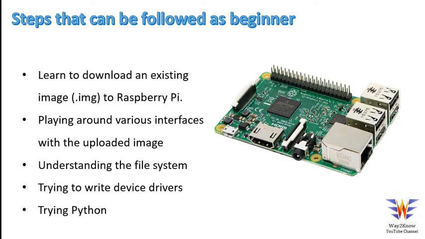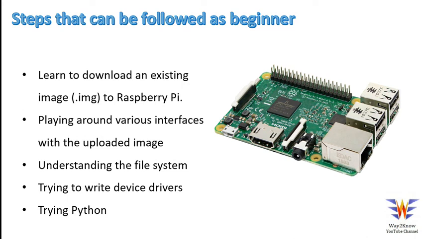Raspberry Pi has a specialized image, which is called Raspbian, available from their website, which you can download, and then you can dump. Not only that, there are several other images available from the website. You can just dump and see what is happening.